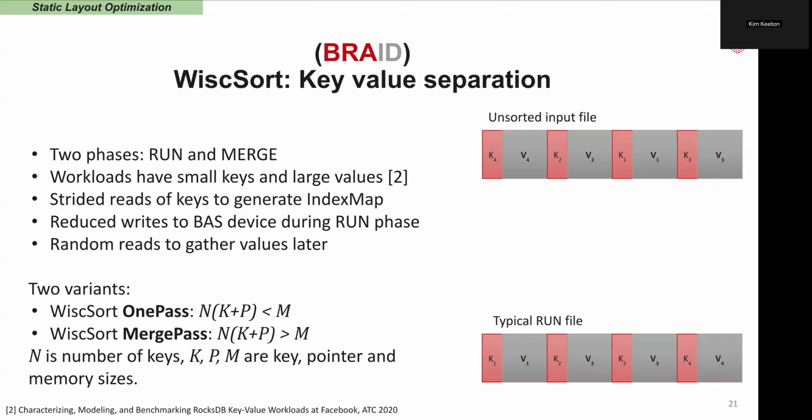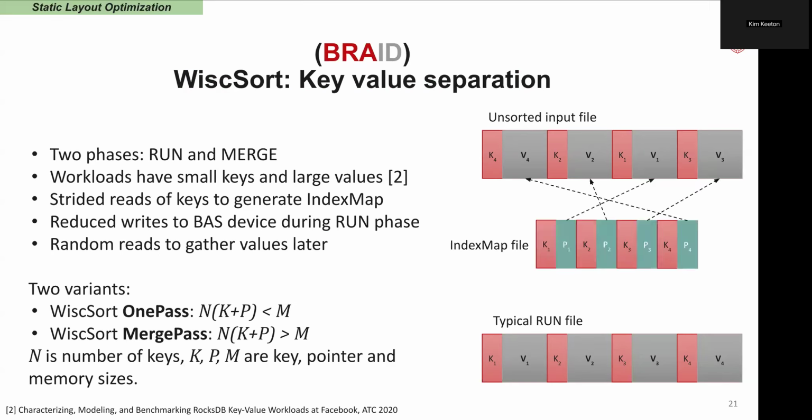We do strided reads of keys and values to generate this index map file, as shown here, where the index map file is essentially keys and pointers pointing to the values directly. We do this because there is evidence that keys are often much smaller than the values themselves. This also reduces the run file write-back to the device, so it complies with the asymmetric part.